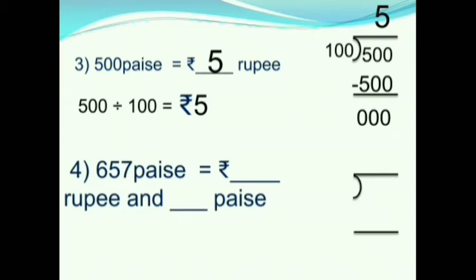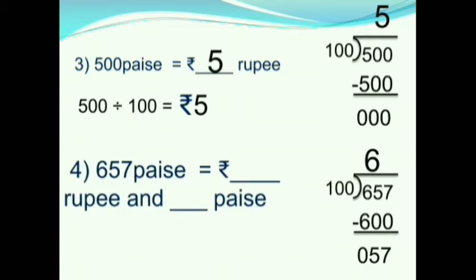Now we have 657 paise. To convert it to rupees, we should divide it by 100. 657 divided by 100. 100 6s are 600. Now we should subtract 600 from 657. 657 minus 600 is equal to 57.